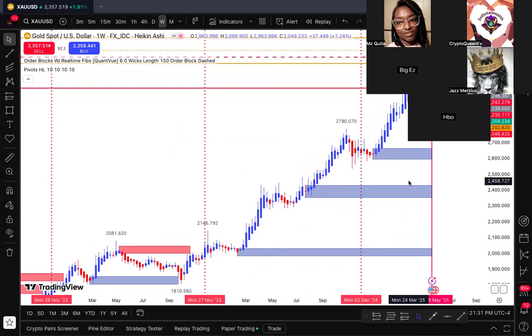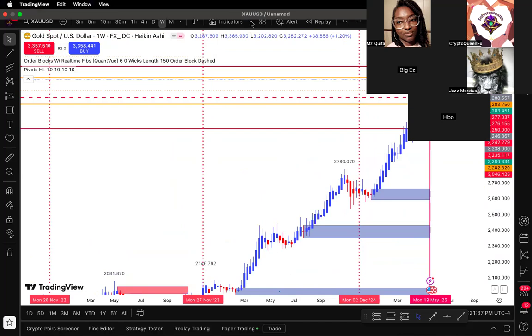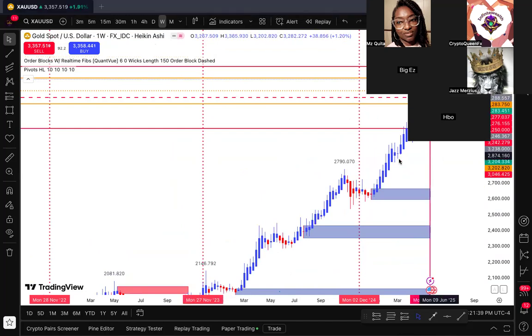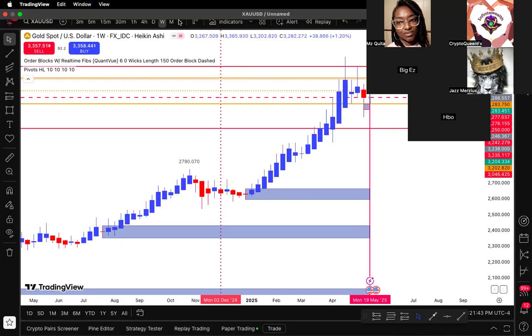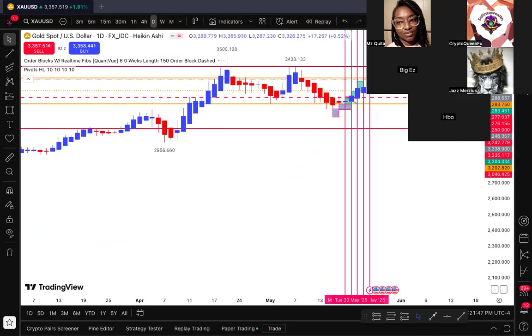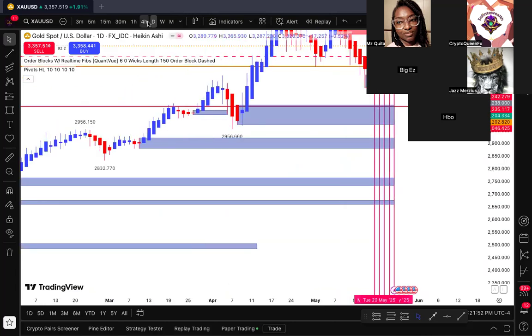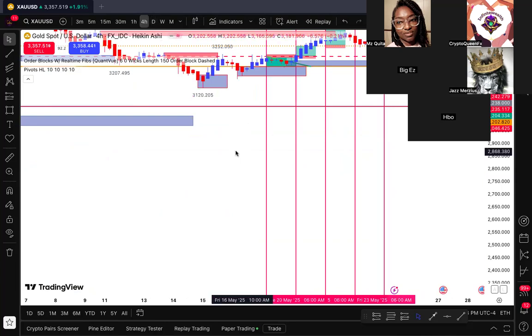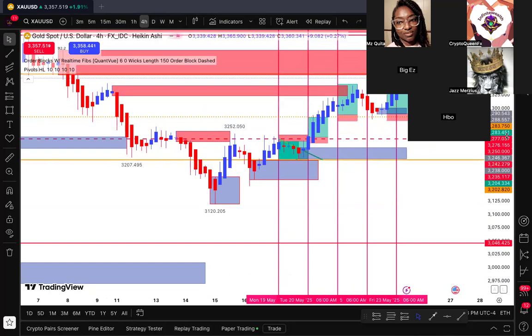Yeah, about October 2023, it's been trending up. You get a few pullbacks, but these are entries to get in for a long buy hold for gold, because gold has been consistently making new highs since 2023. So it's depending on your appetite to be able to hold a trade and not be scared of the pullbacks.